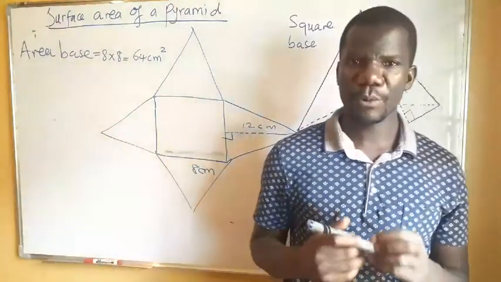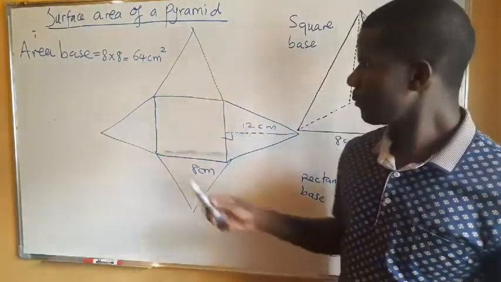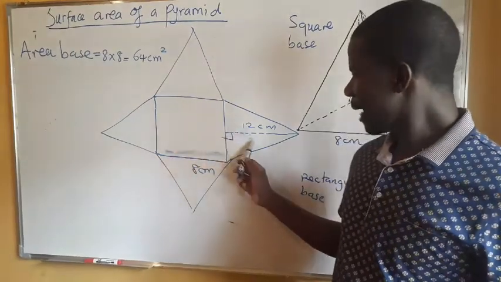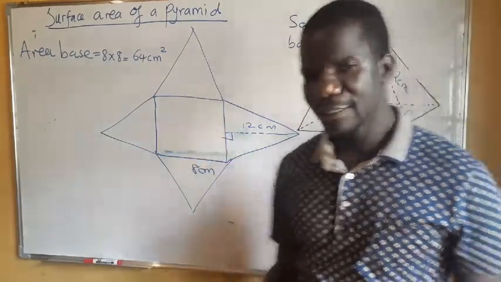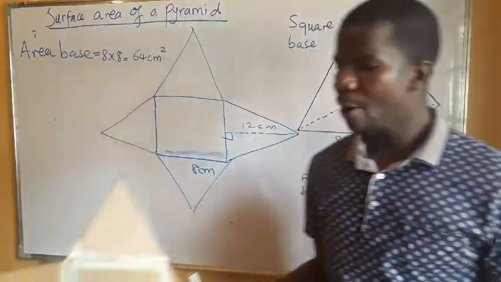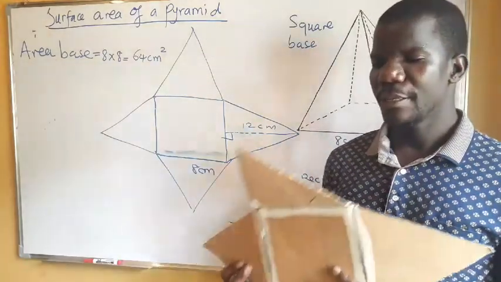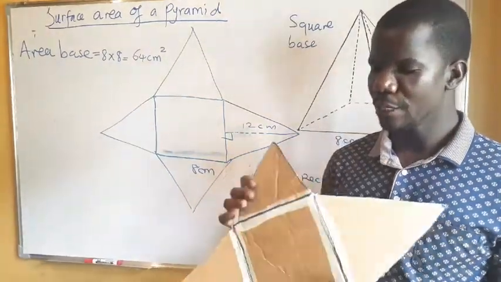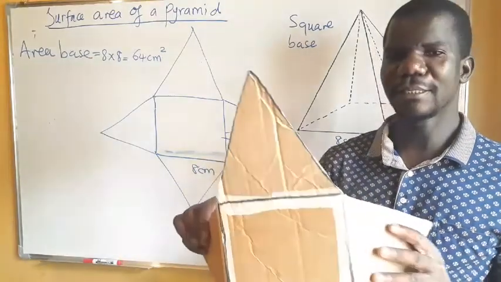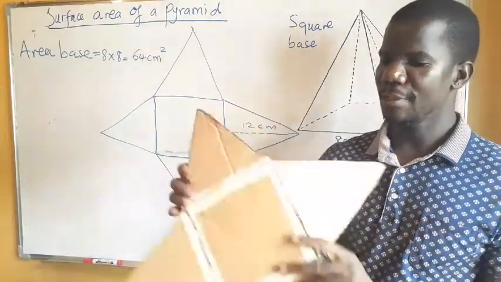Then, when we come to the triangles, I did indicate that in this case, since our base is a square, these triangles, as you can see, are the same.